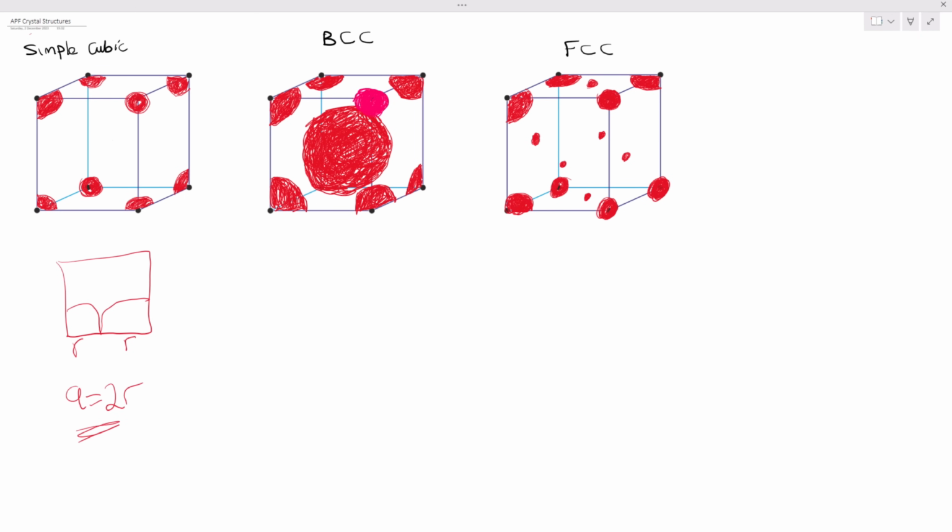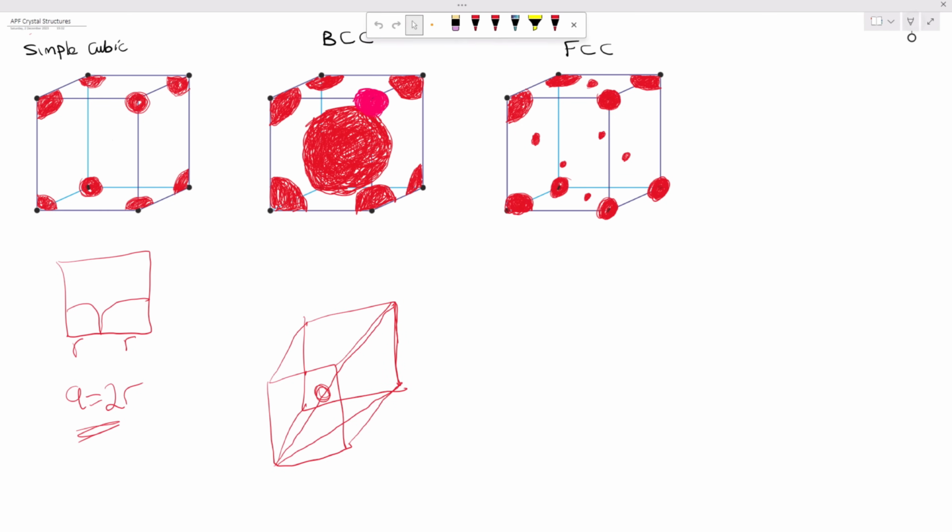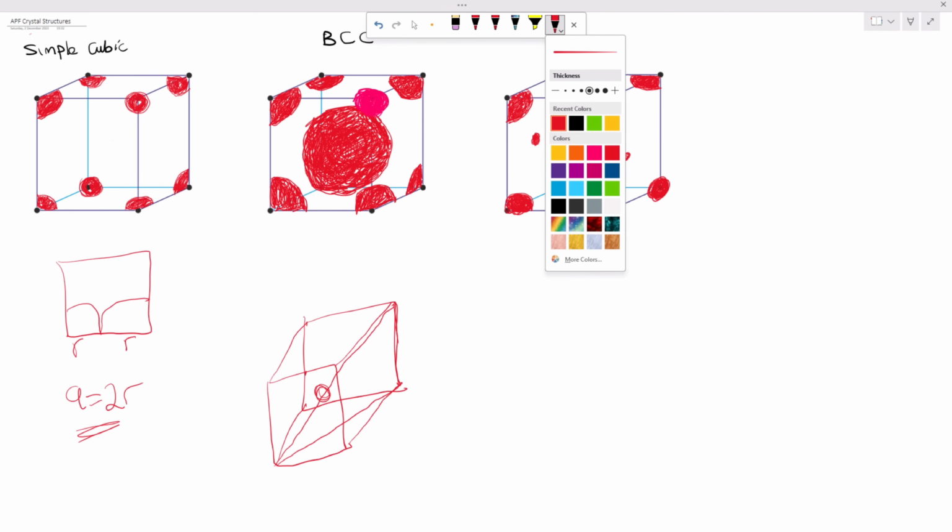Then for the BCC structure, we have an atom in the center here, right? So now we are considering this diagonal and this diagonal. Let me change my ink so I can highlight well what points we're concentrating on in this diagram. Black ink.